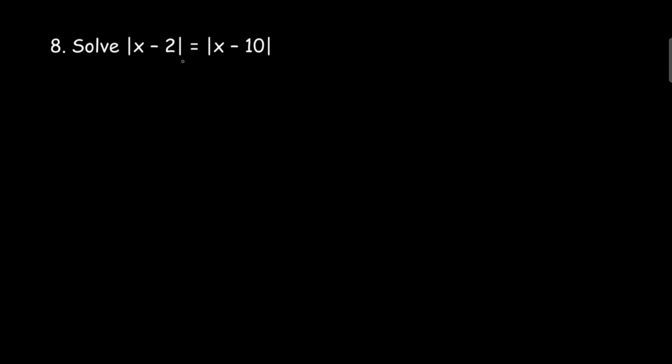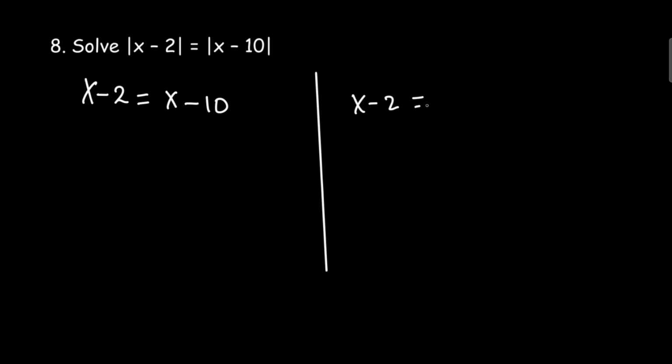So in this case, we're going to write the two equations, and the first one is going to be x minus 2 is equal to positive the values inside, so that means we're going to be getting x minus 10. Then the second equation is going to be x minus 2 is equal to negative the values or the terms inside, so it's going to be negative times x minus 10. Then we solve these two equations.